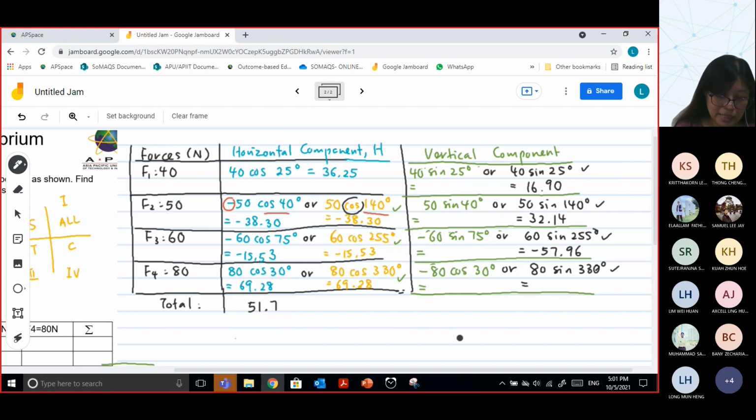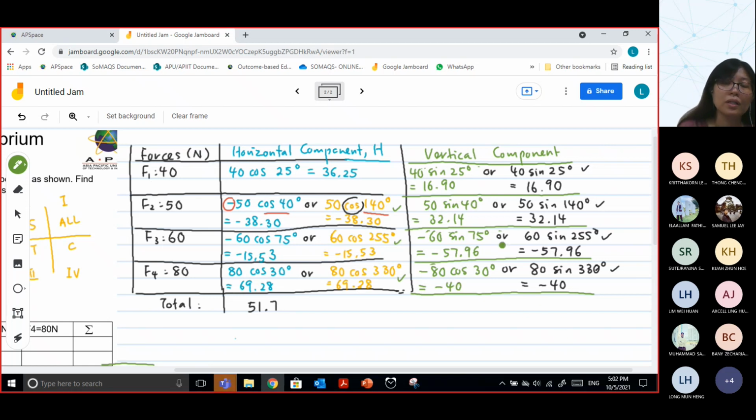Then 80 times sine 330 will be negative 40. When you calculate using the basic angle, it is also the same answer. This one is also 16.9, this one also 32.14, this one will be negative, and this one will be negative also.